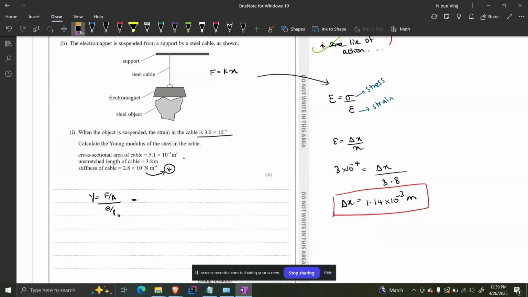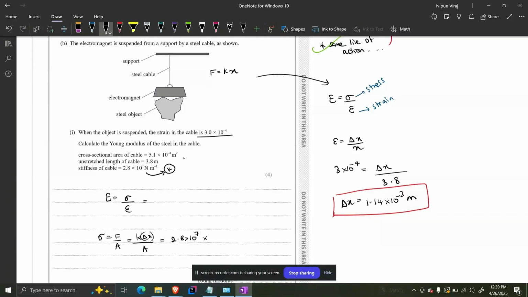So for this equation I can say E is equal to stress over strain. Strain they have given directly, so we should find stress, right? Stress is equal to force divided by area. So first of all, to find force we should find K times delta x divided by area. K is already 2.8 into 10 to the power 7.